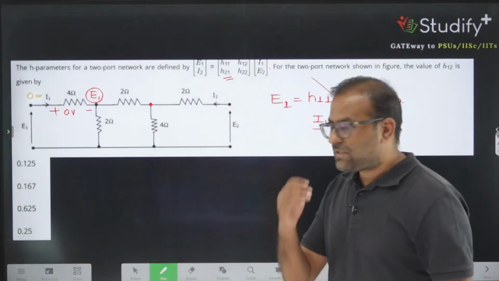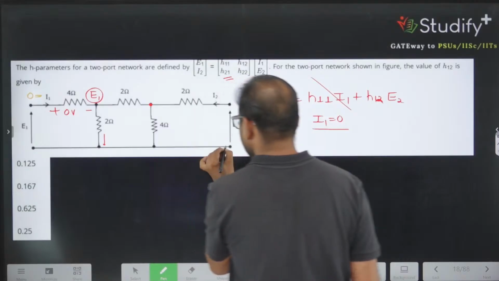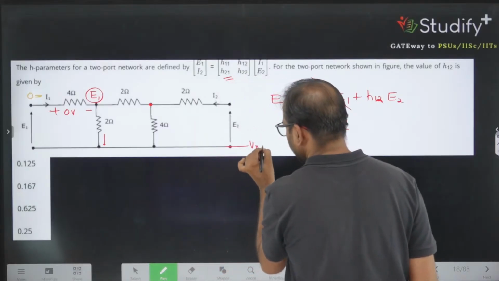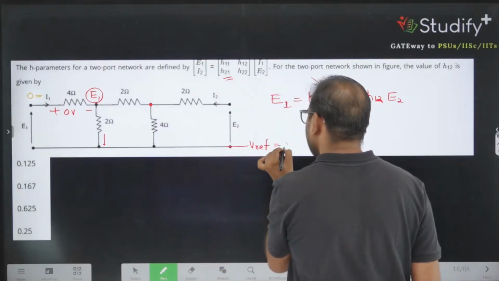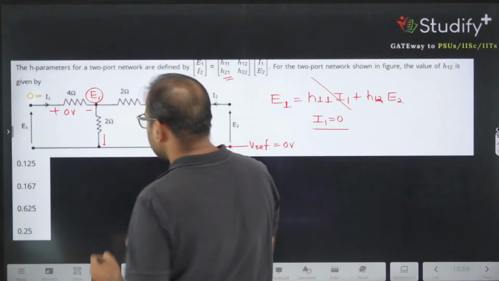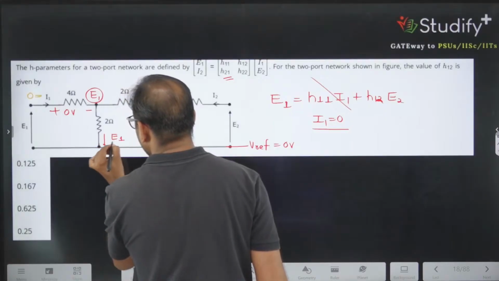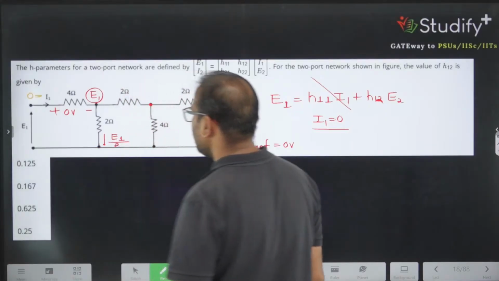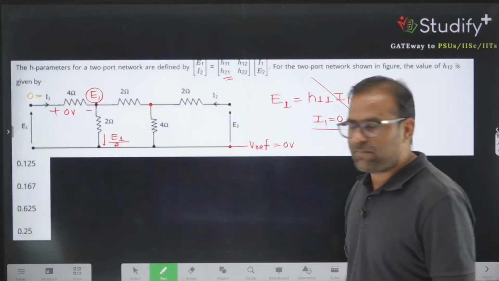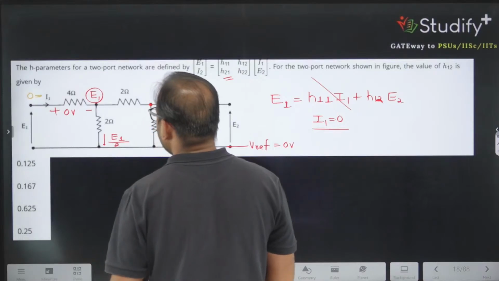Correct? If this value is E1, what is the current here? I am taking this point as my reference and selecting its value as 0 volt. So if this is E1 and this is 0, the current here is E1 divided by 2. The current is not coming from here, so this current is E1 divided by 2.